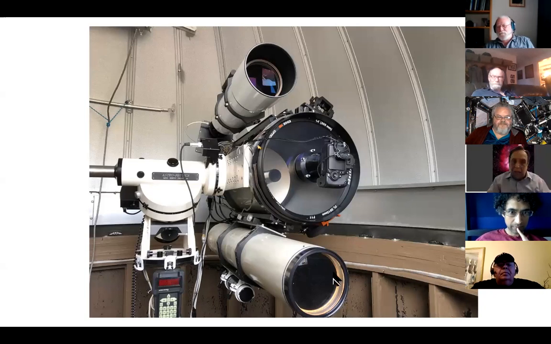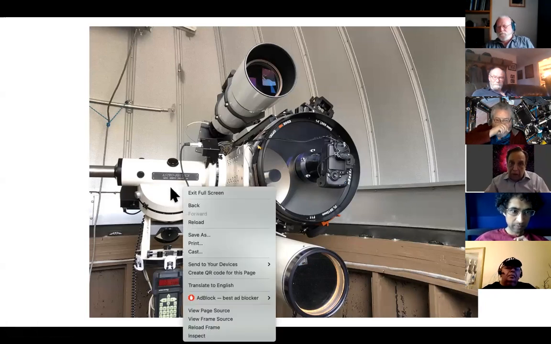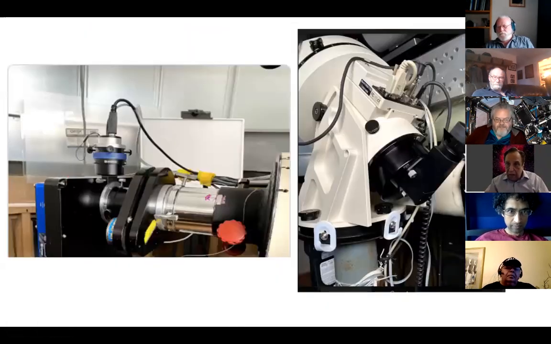Basically, the idea of this picture is to show what kind of simple instrument can be used, a refractor or a Schmidt-Cassegrain. But the whole thing is that you have to have a good mount, which is capable of handling all the weight of the equipment, because the cameras are usually very heavy. And not only that, it has to be properly polar aligned with the help of a polar scope, as you see here.